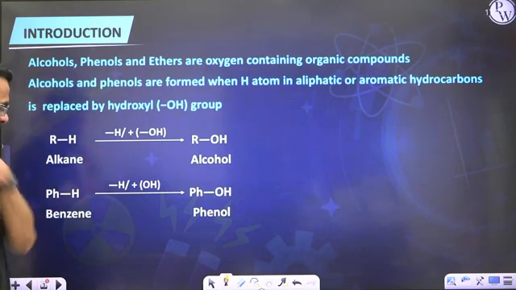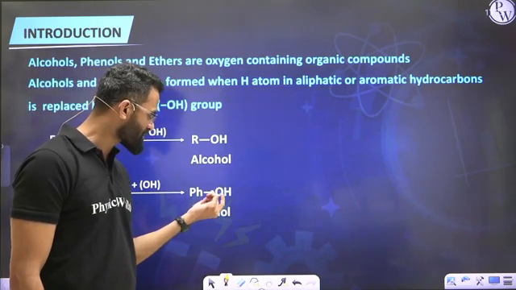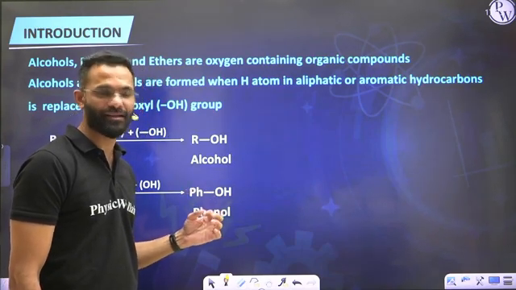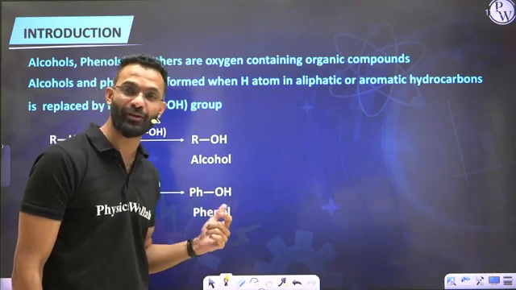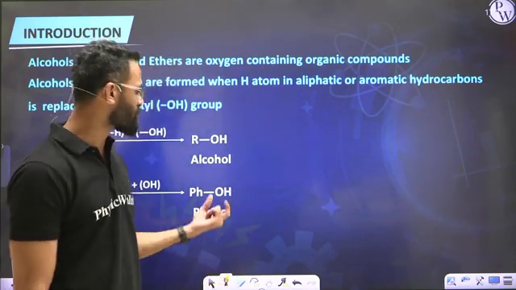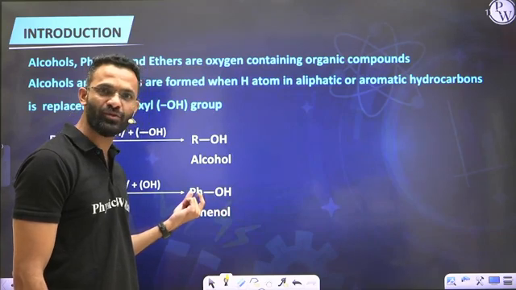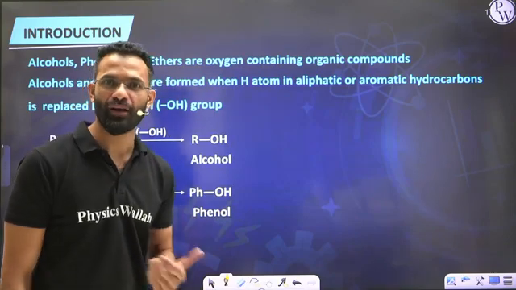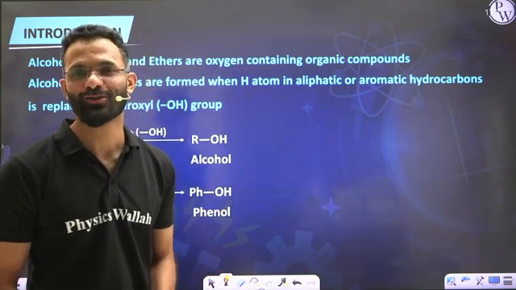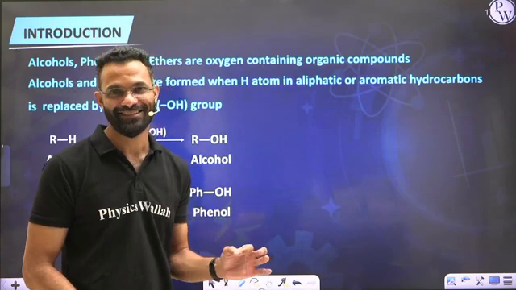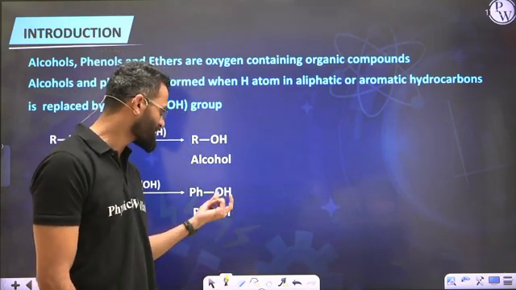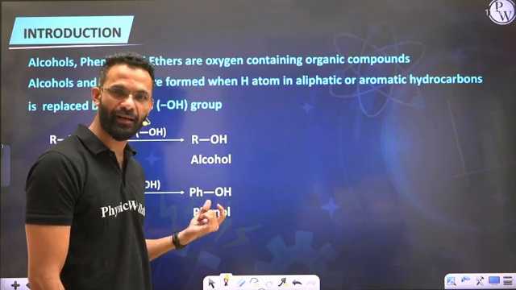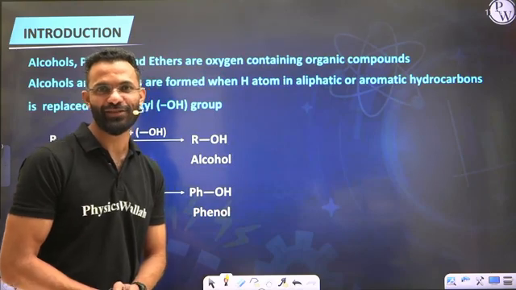You will find that the oxygen of the hydroxyl group is directly connected to the sp2 hybridized carbon atom of benzene, an aromatic hydrocarbon. When the hydroxyl group is directly connected to the sp2 hybridized carbon of benzene, we call such a compound phenol. This phenol is very commonly also known as carbolic acid.